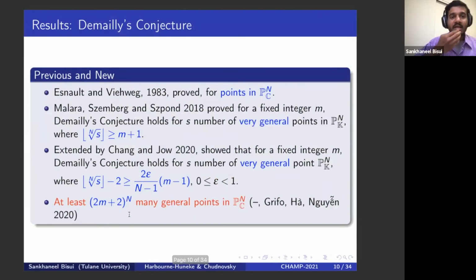Now, similarly, Demailly's conjecture is also known for many cases. And the first thing I want to mention is that this n should be at least 2. Otherwise, there is no point in working on this project. So Esnault and Viehweg proved the Demailly conjecture for P2.